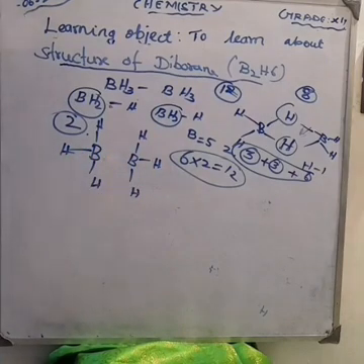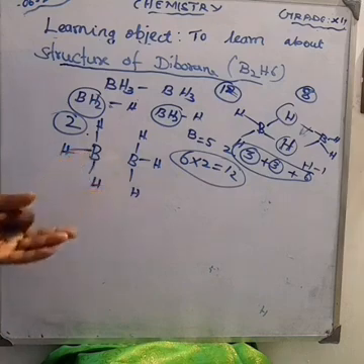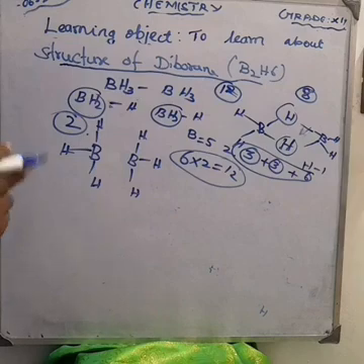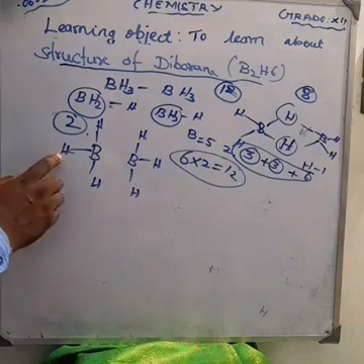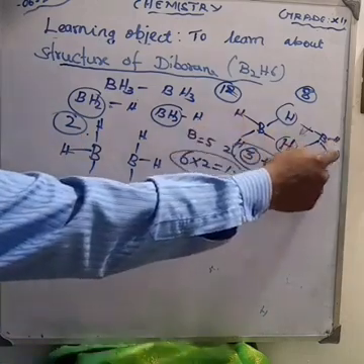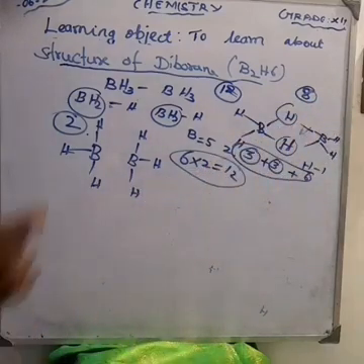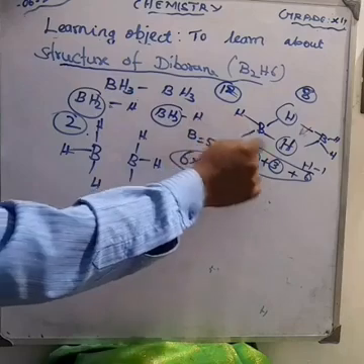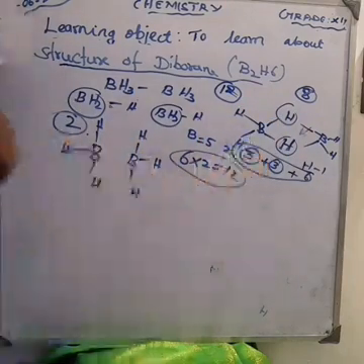There is a shortage of electrons, so these bonds are not sufficient to form normal covalent bonds. Anyway, this Diborane has one terminal, another terminal, another terminal, and the fourth terminal. How many terminals are there? 4 terminals. The 4 terminal BH bonds are normal covalent bonds.